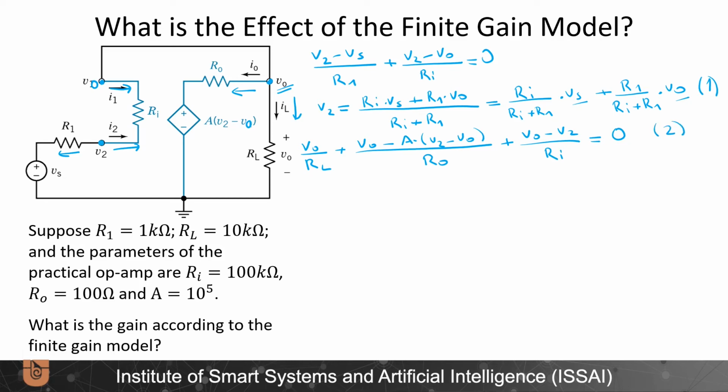And this is my second equation. I can try to write this in a way where I collect all the V0 terms on the left side and all the V2 terms on the right side of the equation.